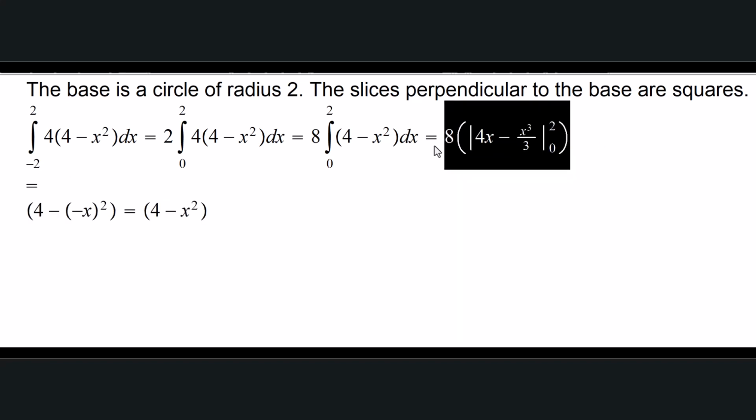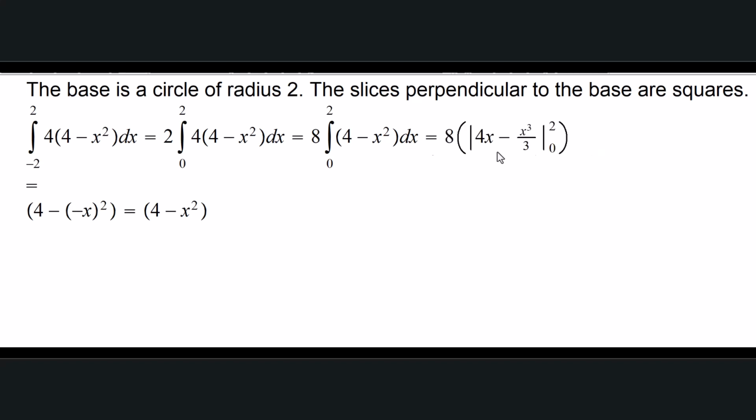The value at 0 is 0, so all that we will have is simply 8 times, 4 times 2, that is 8 again, and then 2 cubed over 3, and this quantity equals 128 over 3. So that's the volume of this solid.